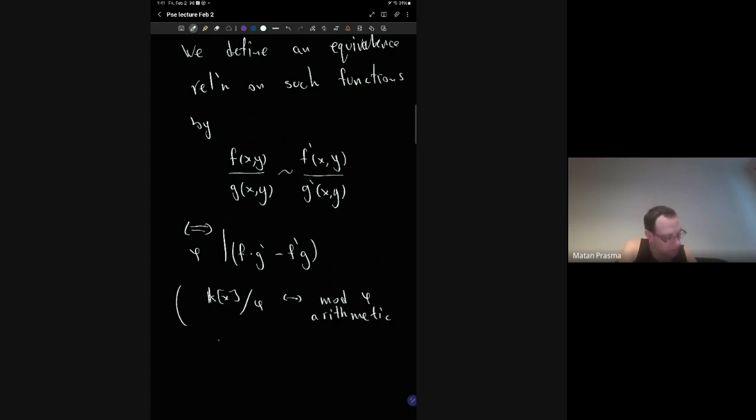It means that f is equivalent to g if and only if f minus g, instead of being equal to 0, is equal to 0 modulo phi, which is the same as saying that phi divides f minus g. And what I'm doing here is the same in two variables. So I'm considering the mod phi arithmetic on polynomials in two variables.